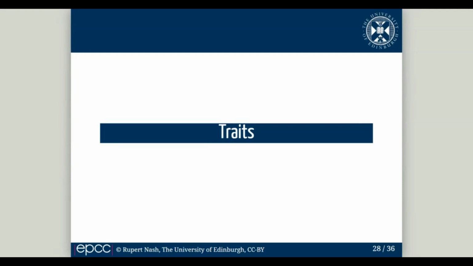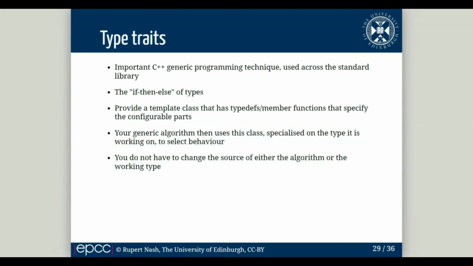So I've moved this around slightly because this follows on quite nicely from our discussion of templating types and what type traits are. It allows us sort of the if-then-else of types.